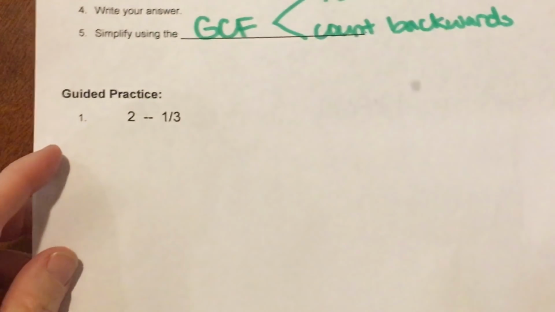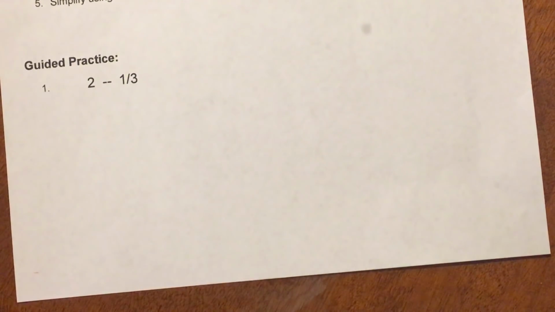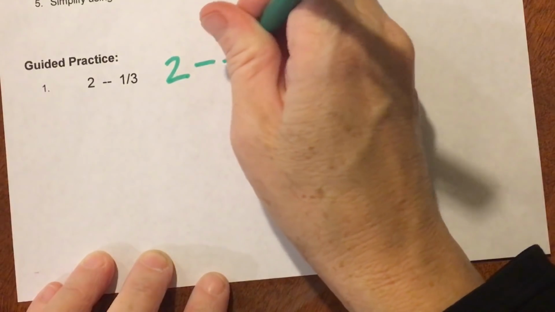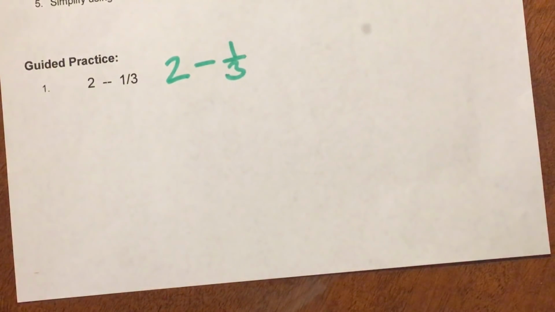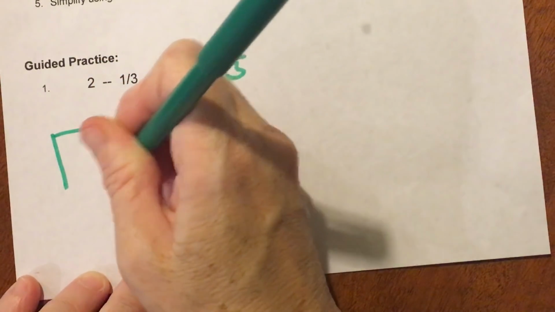Okay, my first one is just like the one I just did with you. My problem is 2 take away 1/3. So we're going to first draw and shade them. So I have 2 wholes.